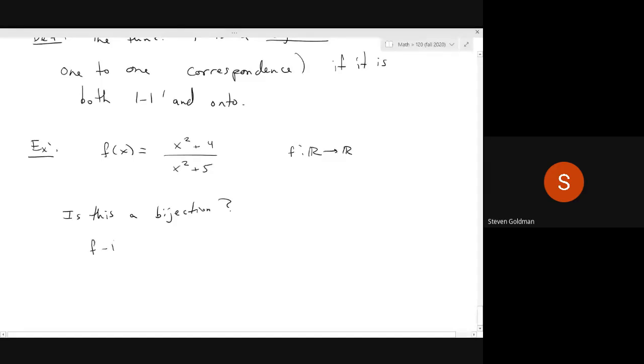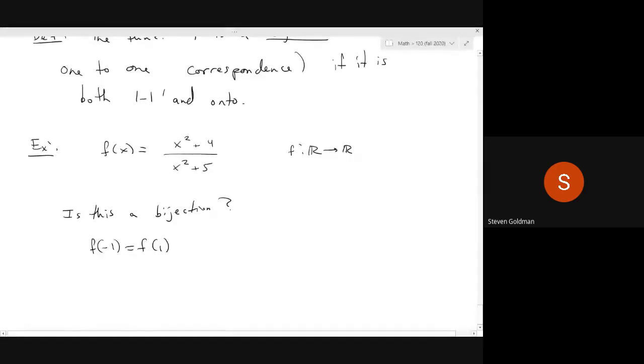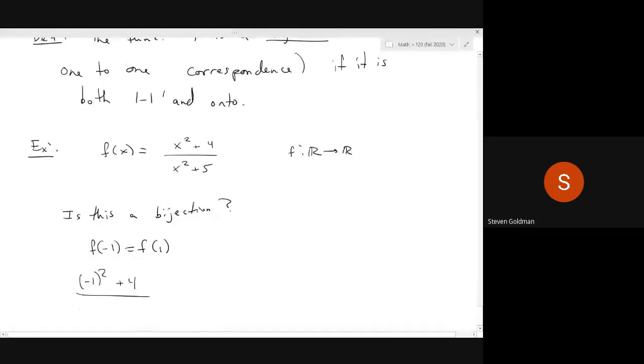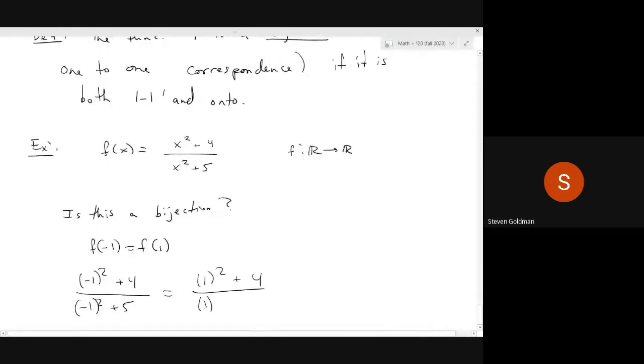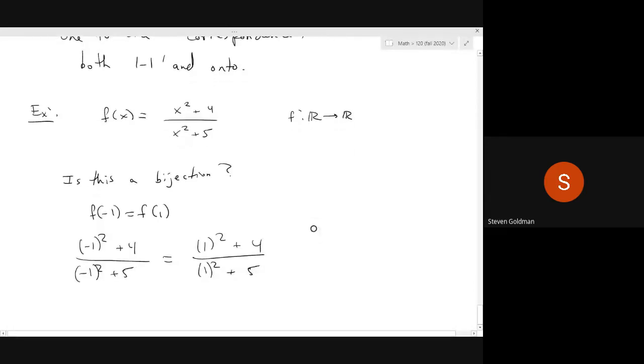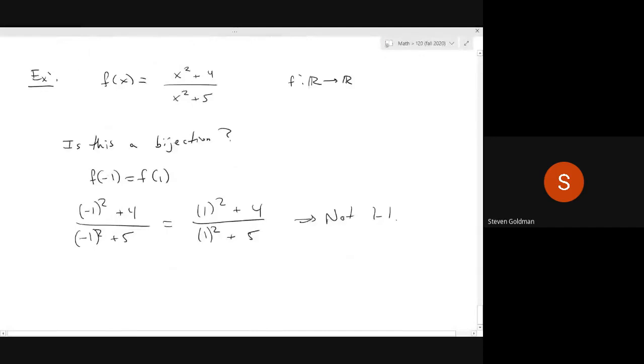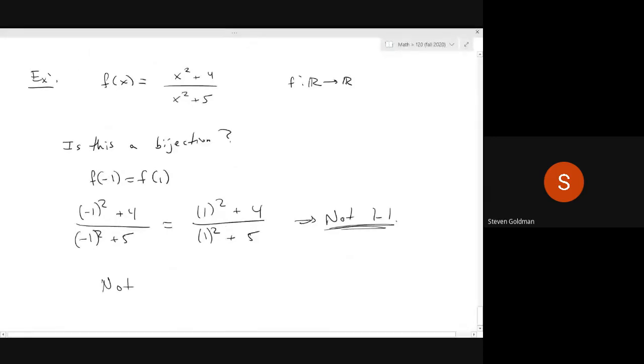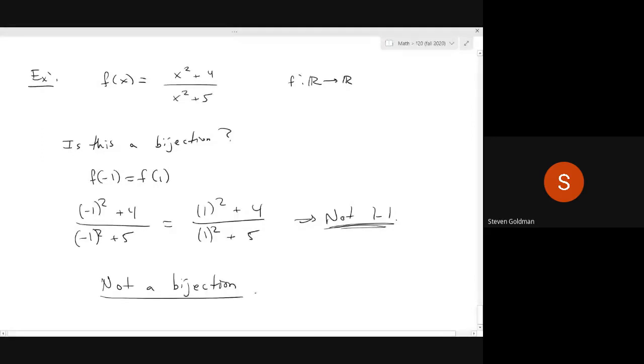Again, if I plug in -1, I'll get the same thing as if I plug in 1, right? -1 squared plus 4 over -1 squared plus 5 is the same as if I plug in +1. Or you could do -2 and 2, -3 and 3. So it's not one-to-one. As soon as I see it's not one-to-one, I know automatically it's not a bijection. I don't even have to check to see if it's onto.